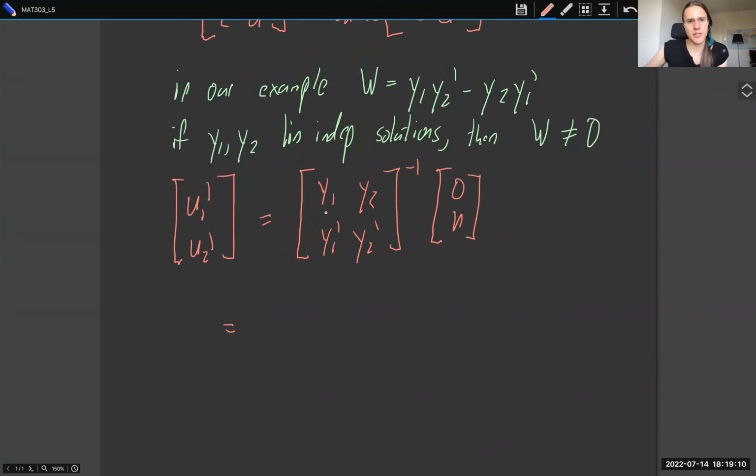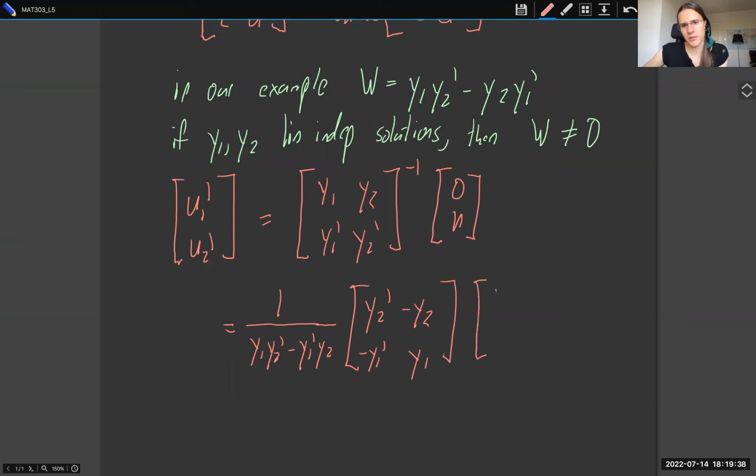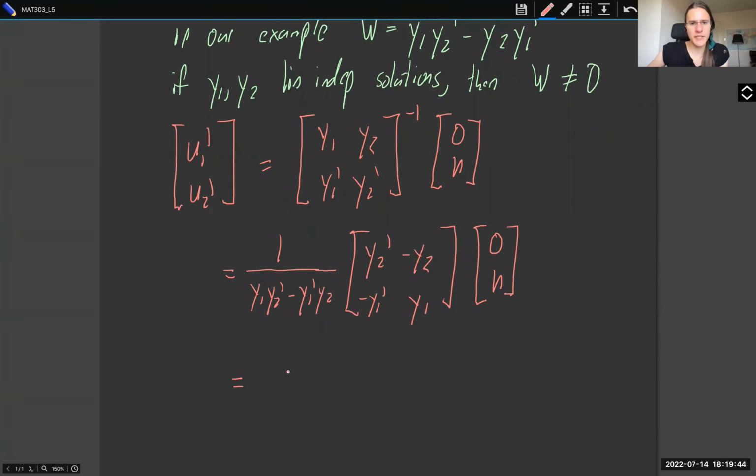And so we get 1 over the determinant times swap the diagonal, put a minus sign here. And then 0 and h.